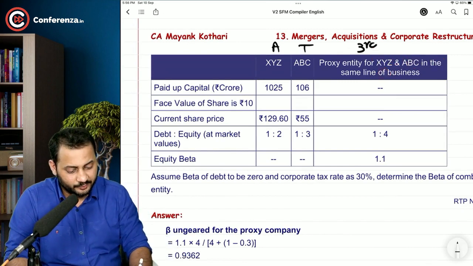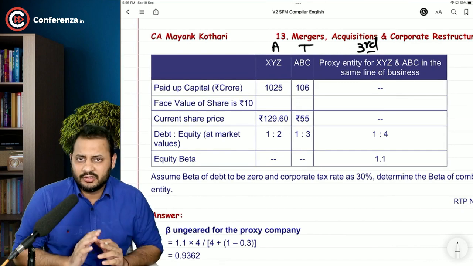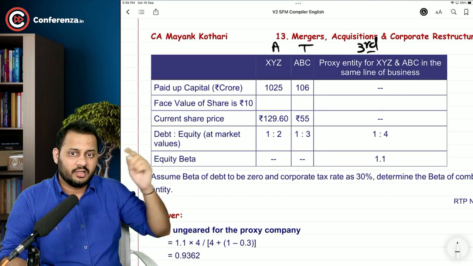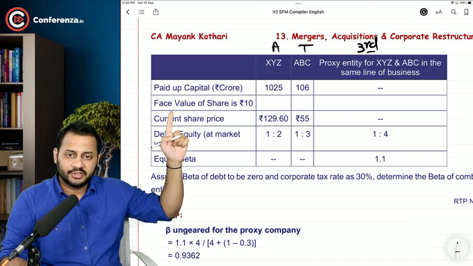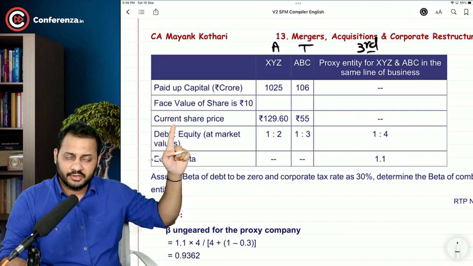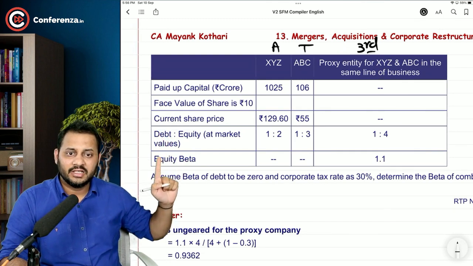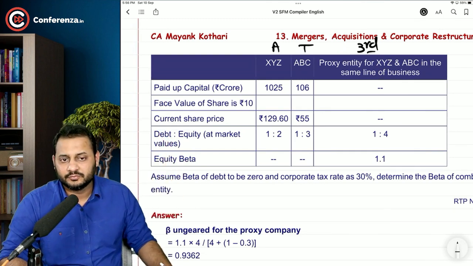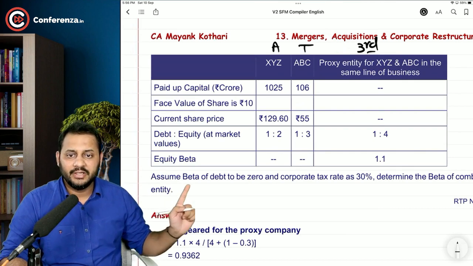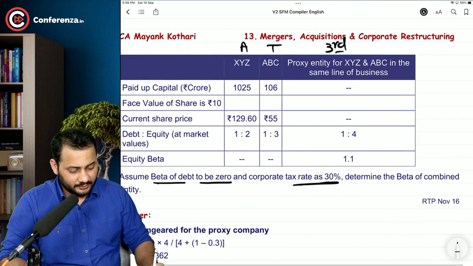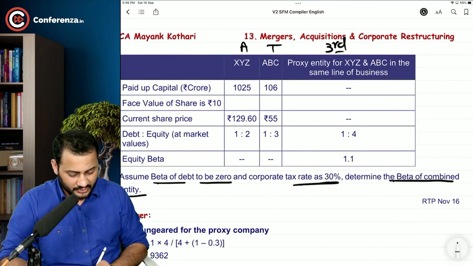This is the third company in the same line of business. Paid up capital is given. Face value of rupees 10 per share. Current share price is given. Debt equity ratio is given, and the equity beta is given. Assume the beta of the debt to be 0. Corporate tax rate is 30%. Determine the beta of the combined entity.